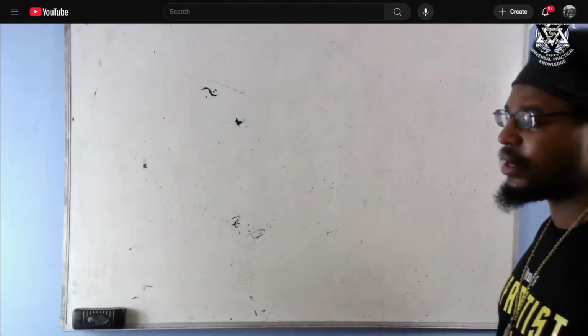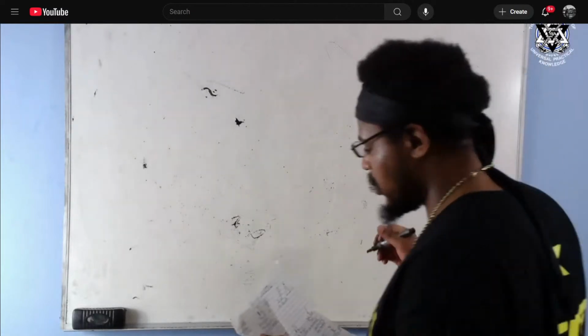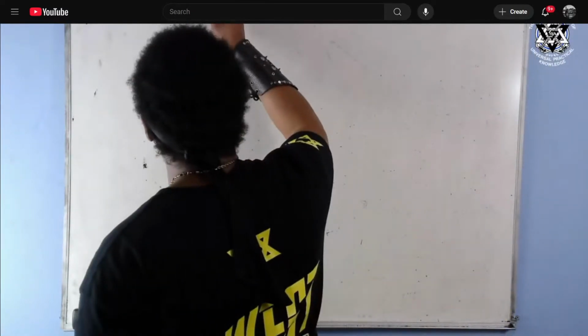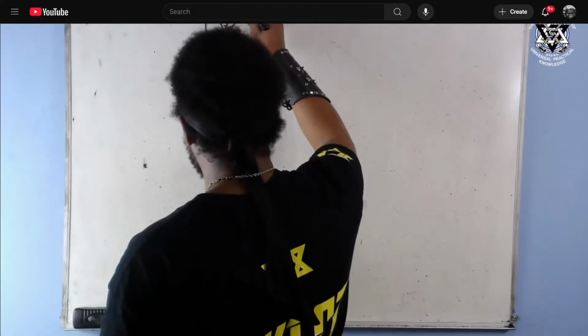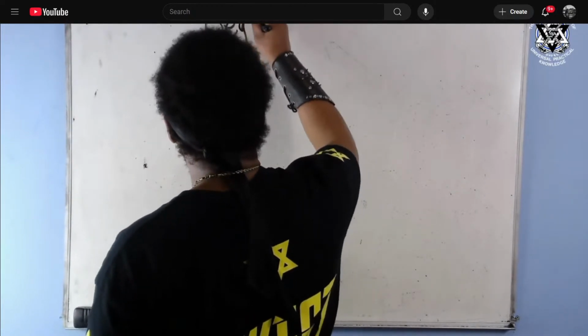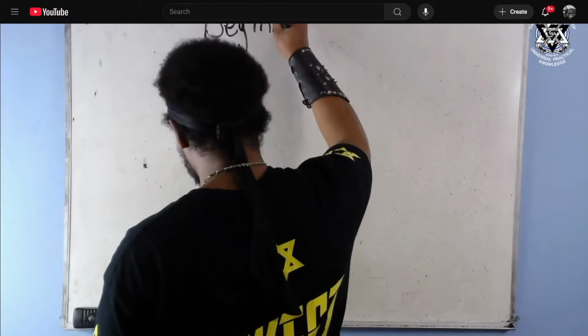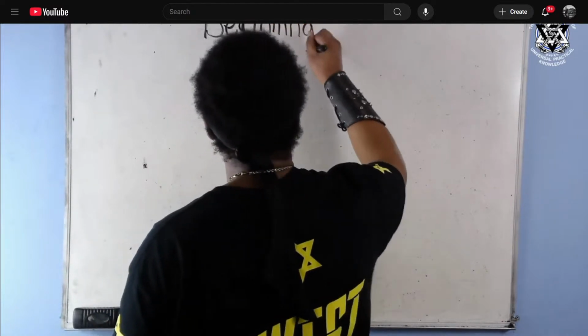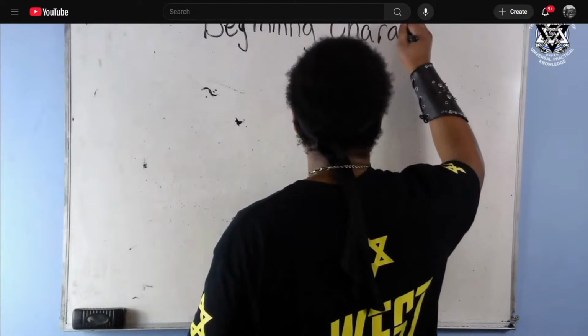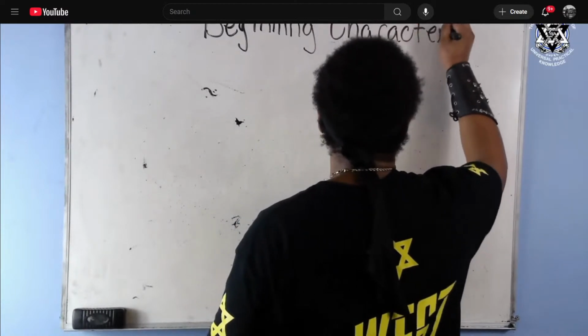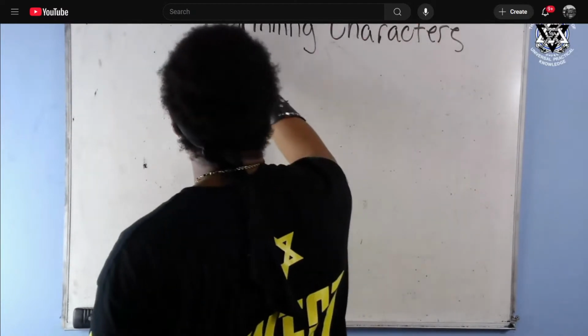We're going to go over that right now. So this is going to be beginning characters. Also, some characters, if they fall at the end of a word, also have a meaning.